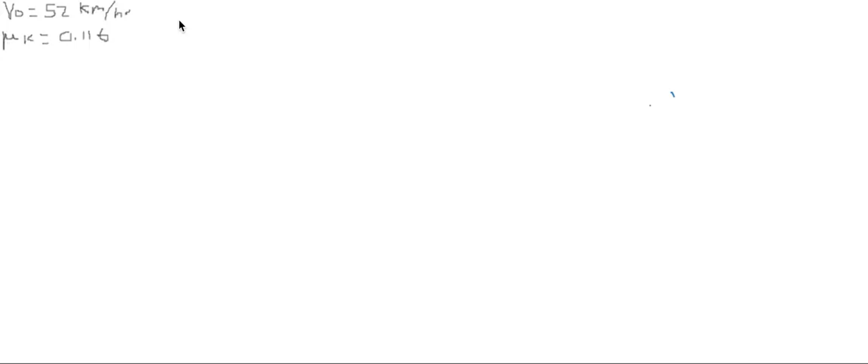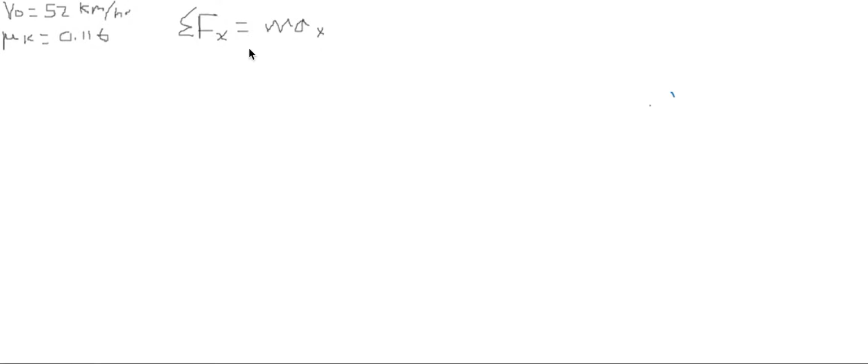So first thing we know is that the sum of force in the x direction is equal to mass times acceleration in the x.